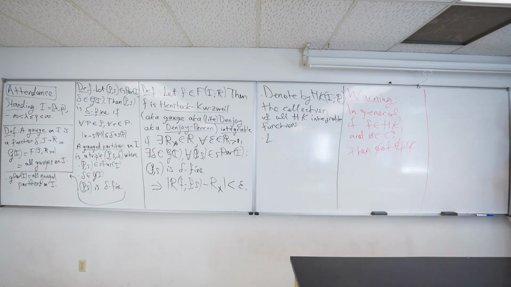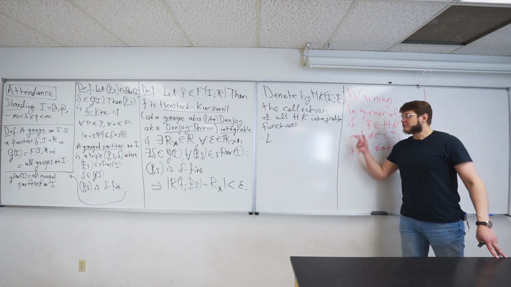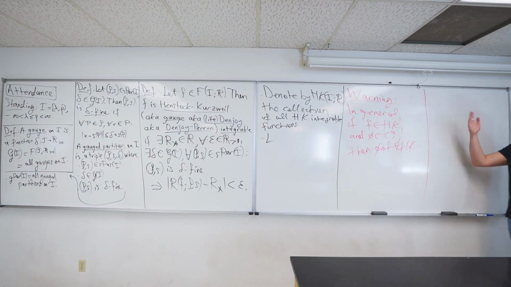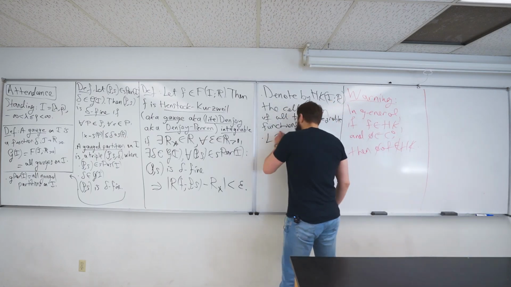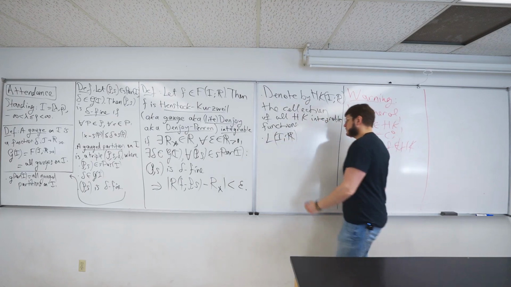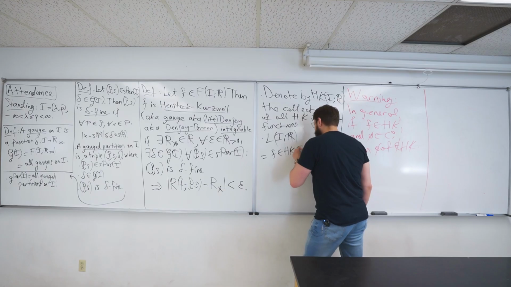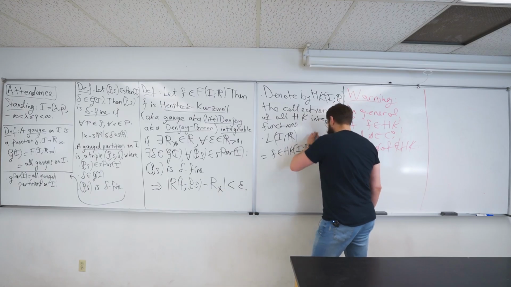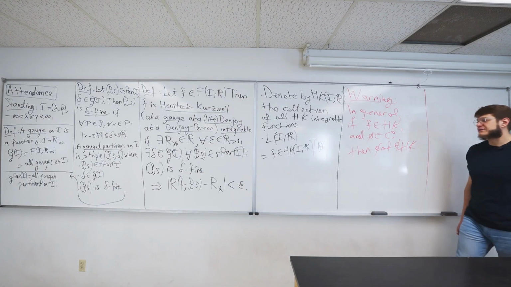Okay? Those HK integrable functions whose absolute values too are HK integrable are called Lebesgue integrable. And they're denoted by L1(R). This is HK integrable functions such that f in absolute value too is HK integrable.